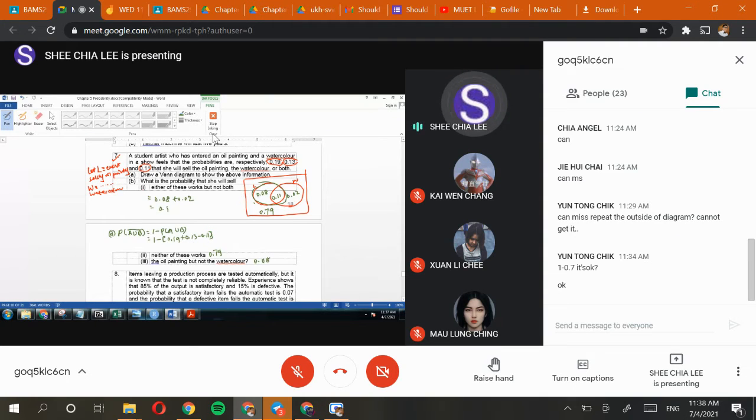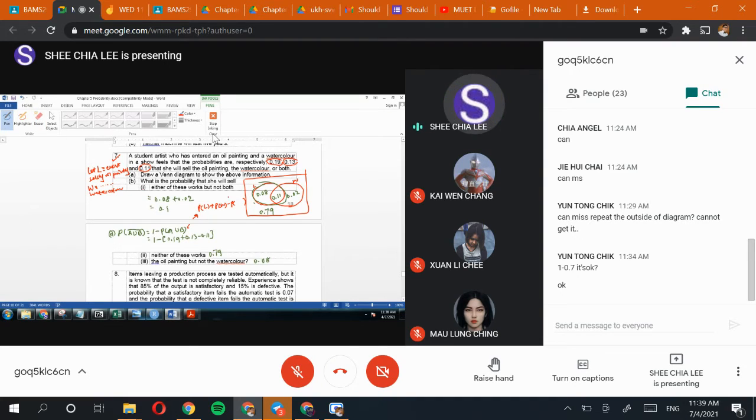If I use the calculation, let me write it down. A union B is basically A plus B minus the intersect. Sorry, I use L and W, right? Too used to A and B already.